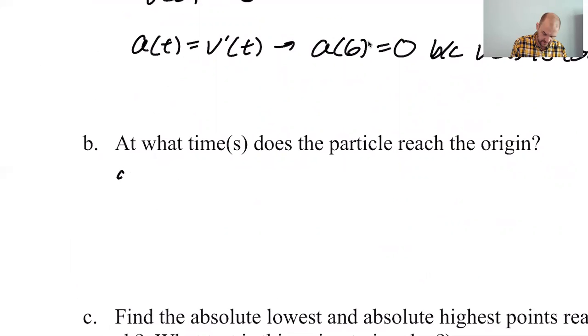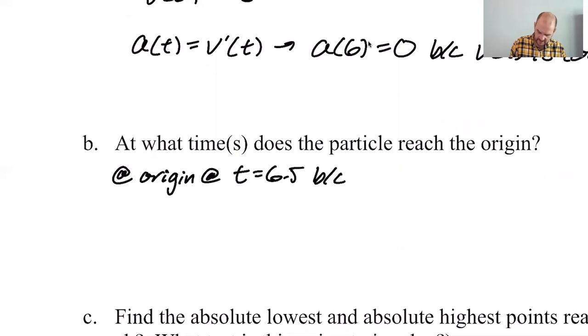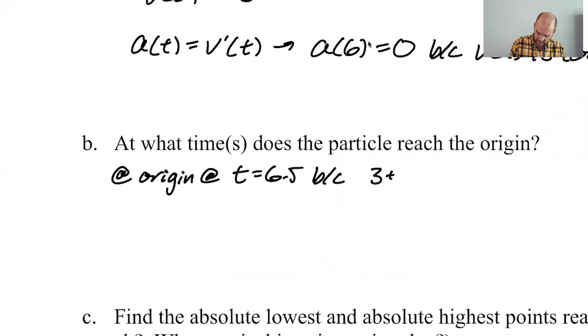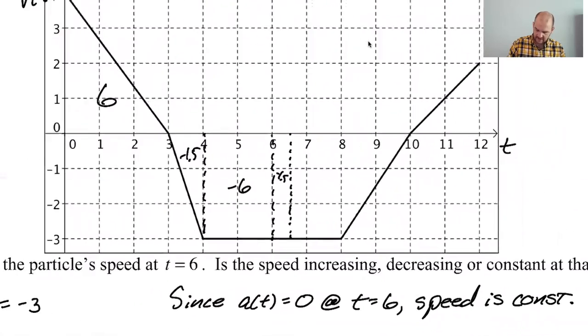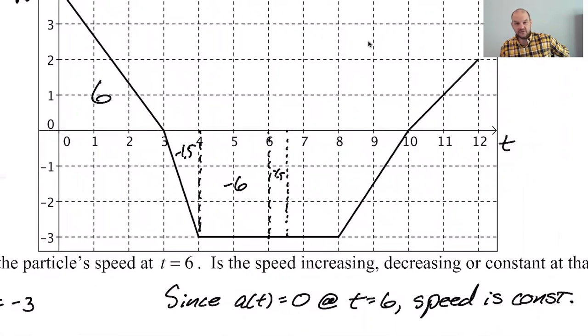So at the origin, at t equals 6.5, because 3 plus the integral from 0 to 6.5 of v of t dt is equal to 0. Now, let's see if there's another time. I think there's not going to be another time.